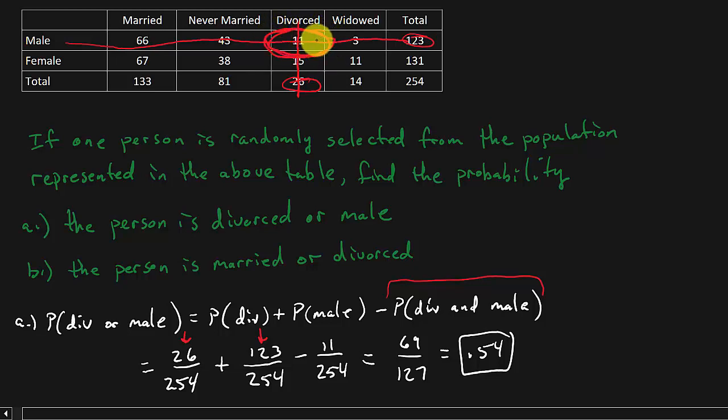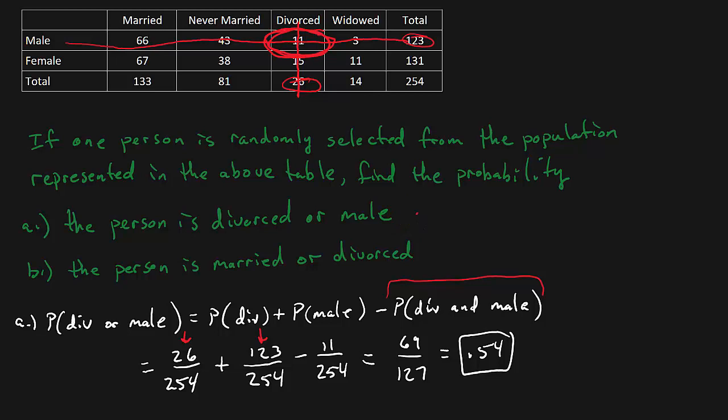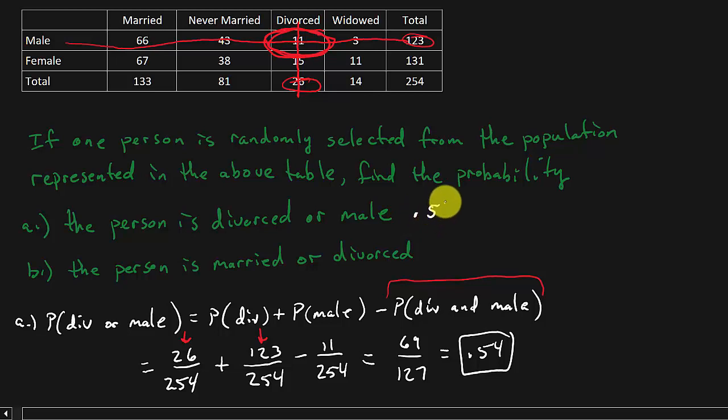That was counted twice, so we're going to subtract it out. So that's why this part's in here. It's subtracting it out because you counted it twice. All right? So this probability here, let's just write it down, 0.54. That's the probability.